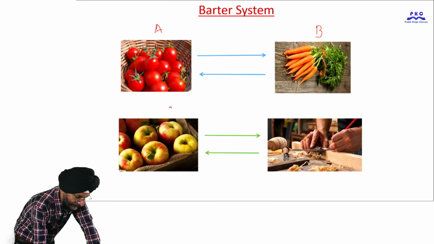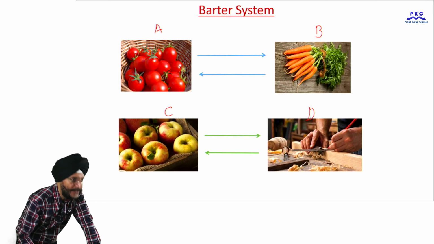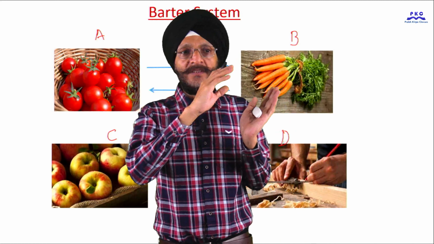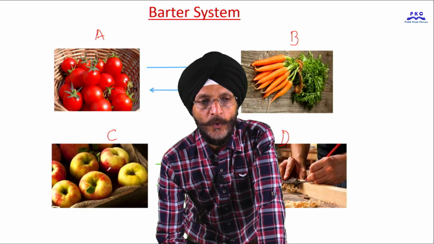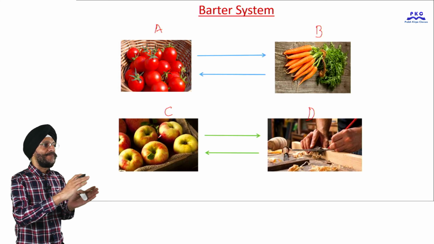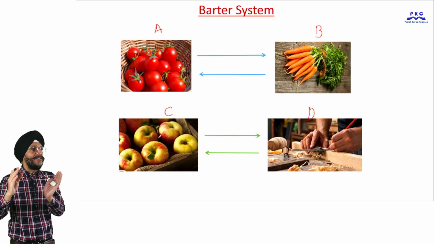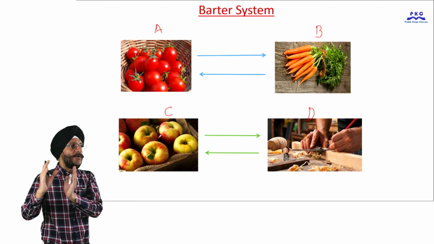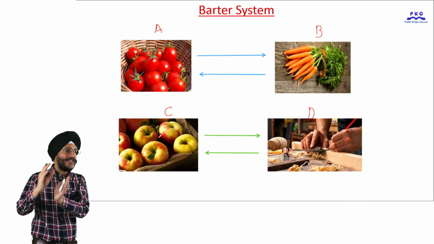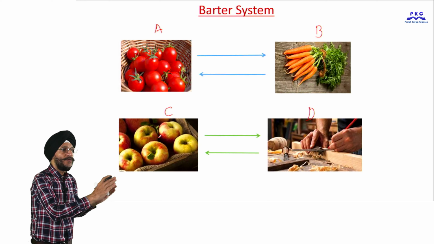Here you can see that if a person C is having only apples and he wants the services of a carpenter. On the other hand, the carpenter wants apples. So the person or the farmer who is having apples may arrive at agreement, verbal agreement with the carpenter that you do some work at my home and in exchange of your services of carpentry, I will give you some apples.